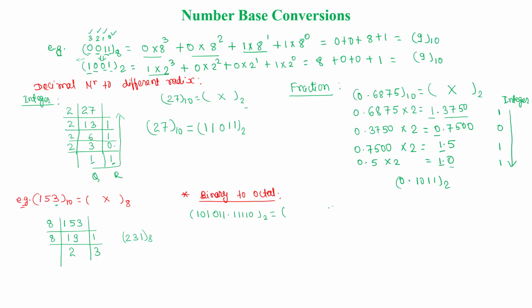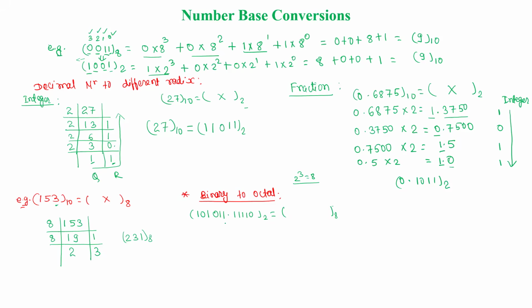In case of octal, 2 to the power 3 is 8, so we take combinations of 3 bits to obtain octal from binary. Otherwise, you have to convert this binary number into decimal, and from decimal we get octal. But a direct method is there.